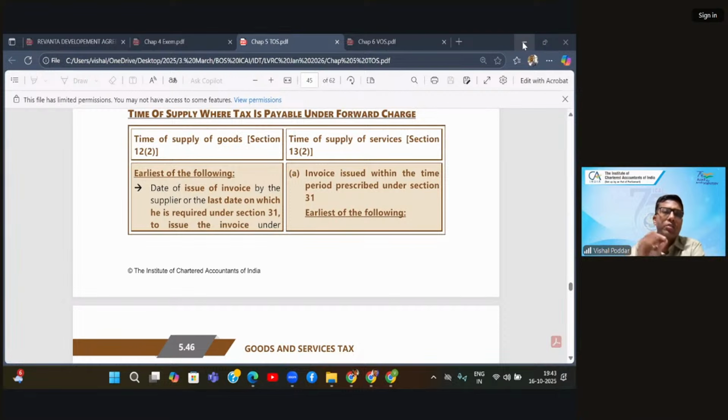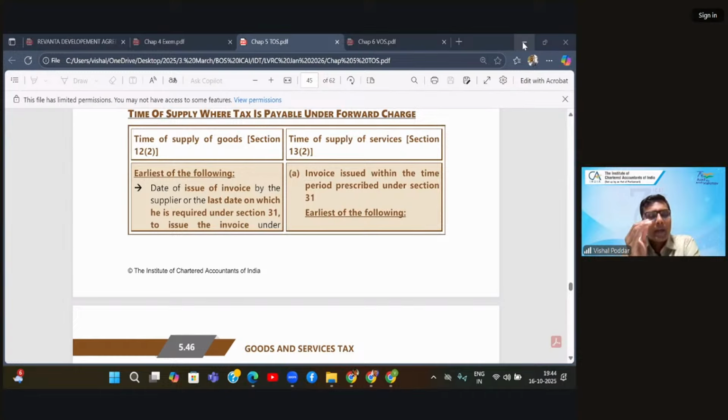Like in case of electricity, it is a month. In case of gas, it is 2 months. Maybe in case of cement supply, we may decide every 15 days we will do the hisab. In this definition they have used the words statement of account. So the date of statement of account is the date on which you make the hisab: I have been supplying goods to you, let us now quantify how much goods have been supplied and how much is the amount, so that you can make payment.